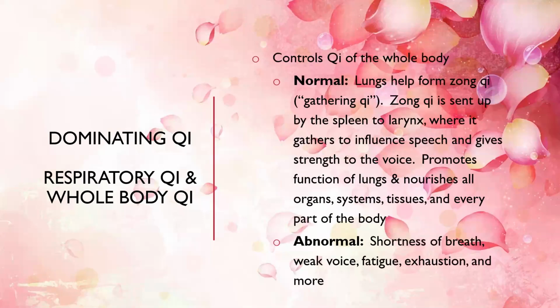In terms of the metal element, they talk about also controlling the chi of the whole body, and how the lungs in traditional Chinese medicine help to form the zhongqi, the gathering qi, which is sent up by the spleen to the larynx, where it influences speech, gives strength to the voice, and it promotes function of the lungs and nourishes the organs, systems, tissues, and every part of the body.